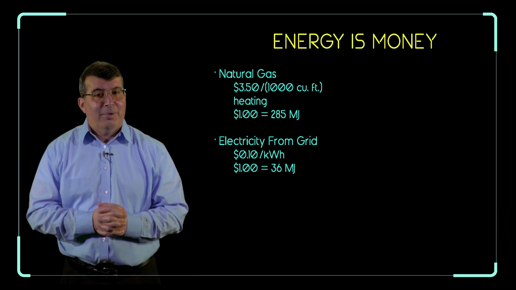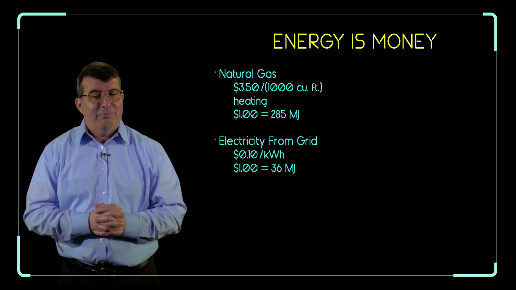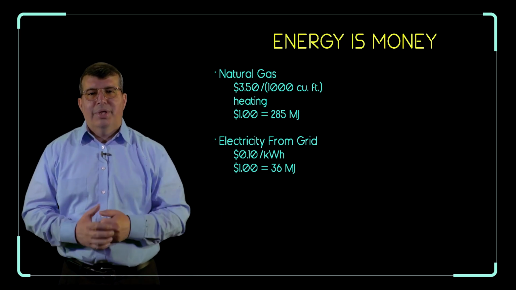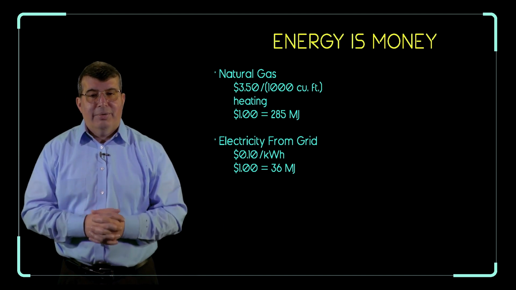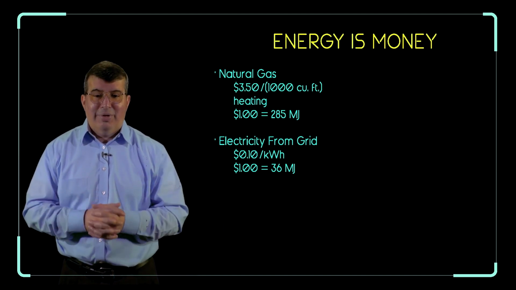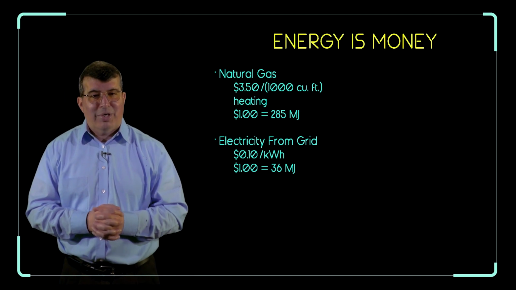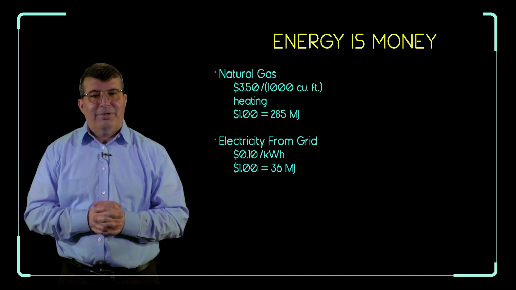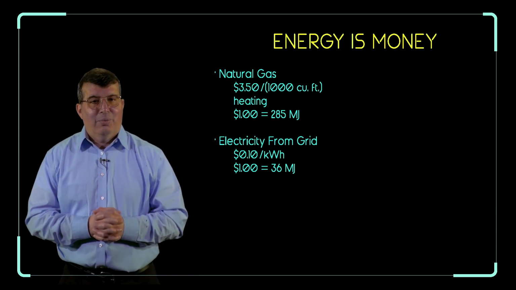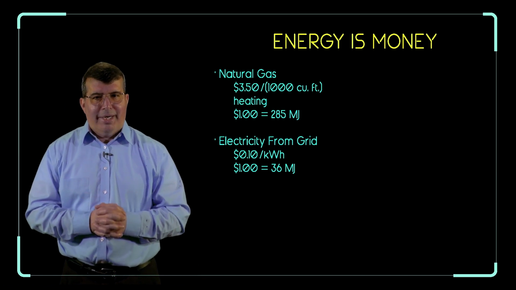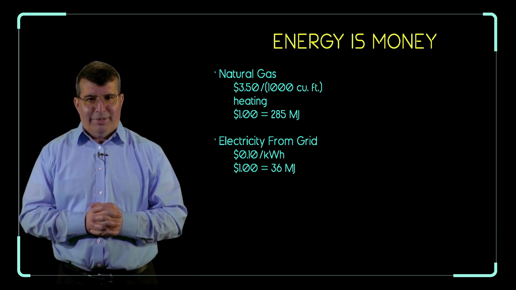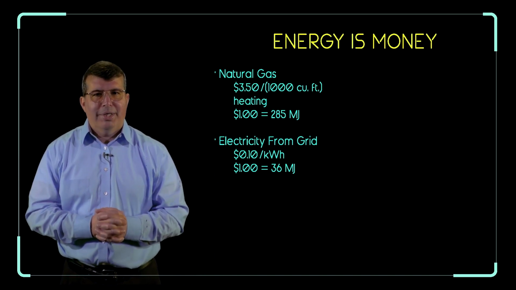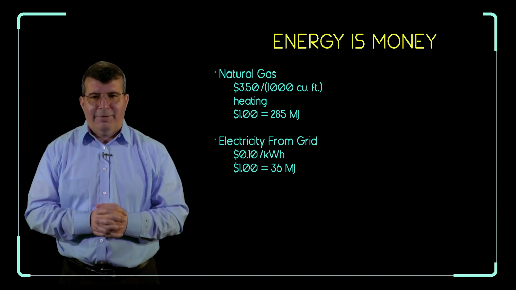So that cuts down that number a whole lot, from 285 million joules of chemical energy in the gas to about 38 million joules of electrical energy that they have to sell. And there's also overhead. They have to run the plant. They have to transport the electricity. So there's a lot of overhead there. So that cuts down on the amount of energy that they can give me for my dollar. When it's all said and done, I can get about 36 million joules of electrical energy for my $1 that I pay the electric company.